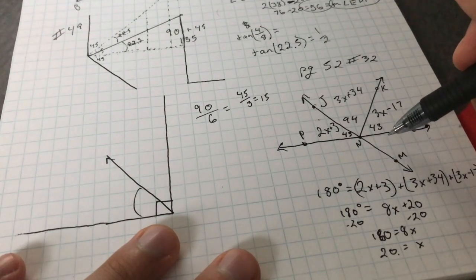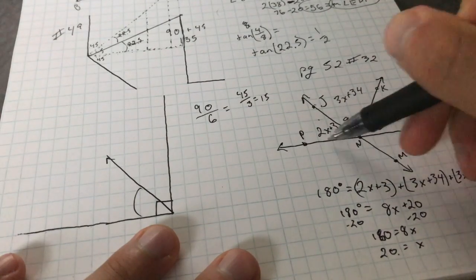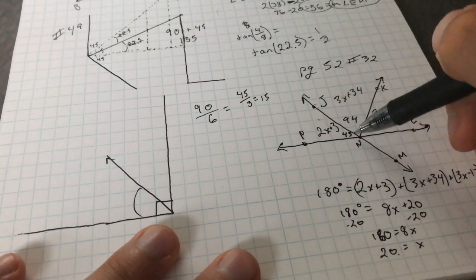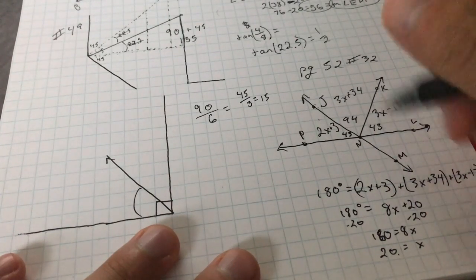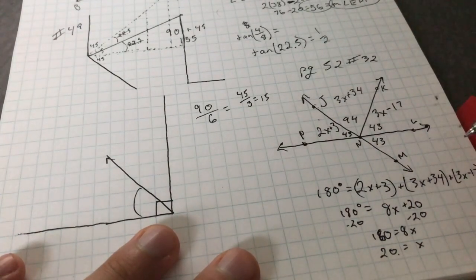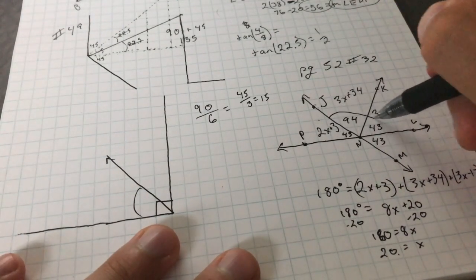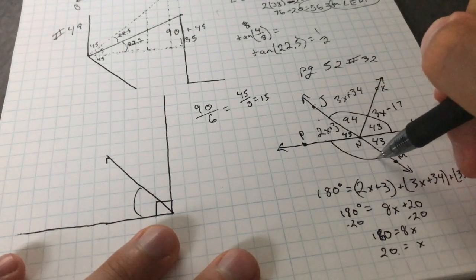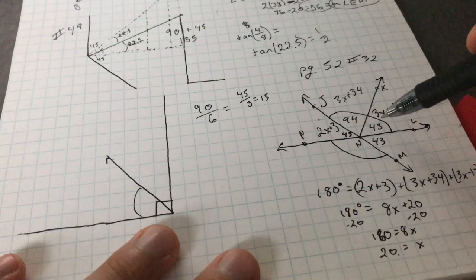And over here, I know that this is going to be a vertical angle. JNP is vertical angle to LNM, so this is also 43. And we could say that this right here is vertical to this. So 94 plus 43 is going to give us, let's take away 7.